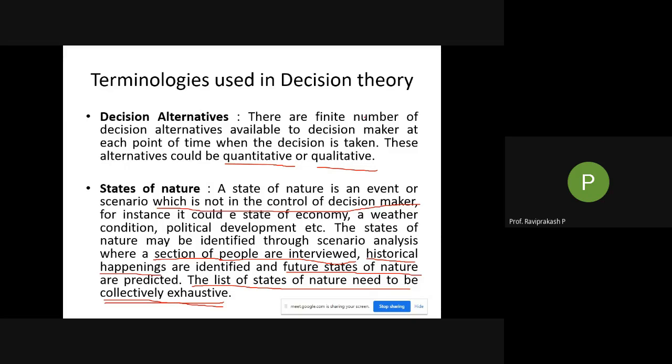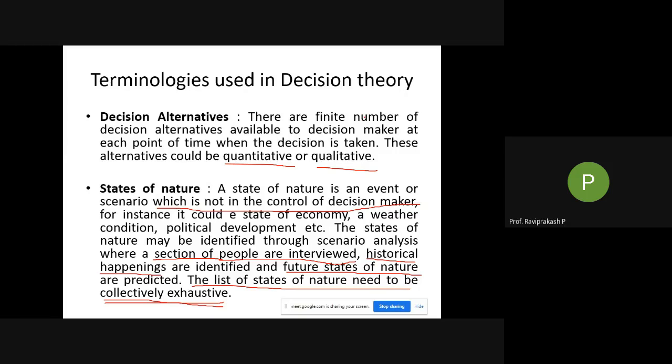Second one, states of nature. A state of nature is an event or scenario which is not in the control of the decision maker.